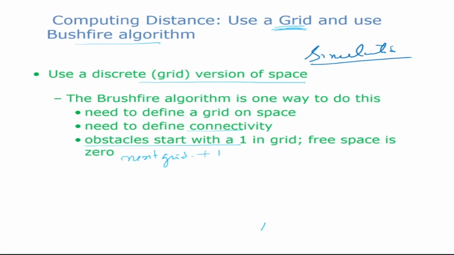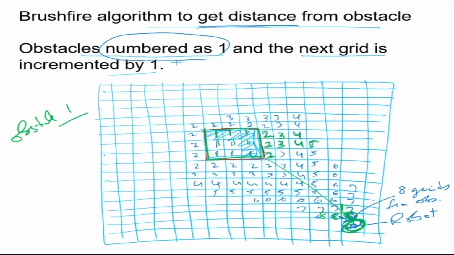We had looked at the bushfire algorithm earlier, in which we use a grid, and it is one way to find the distance between the robot and the obstacles. How this works is, the obstacles start with a 1 in the grid and free space is a 0.